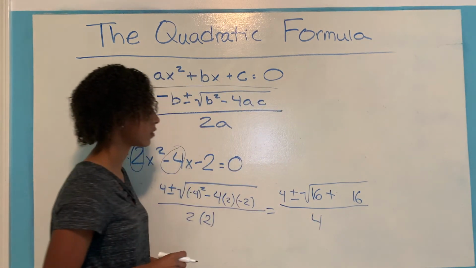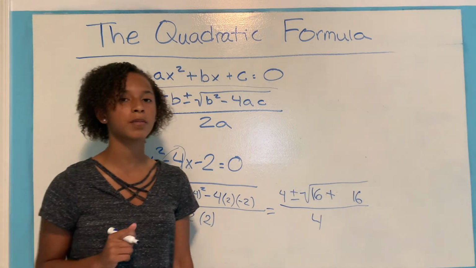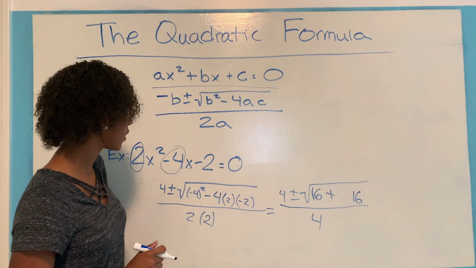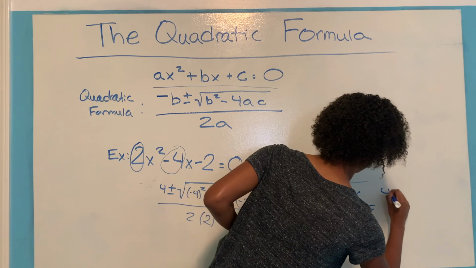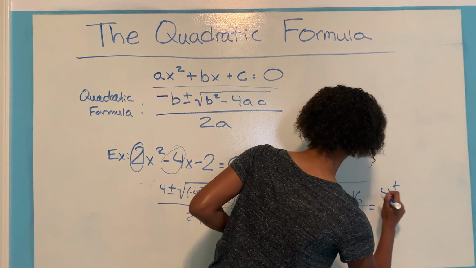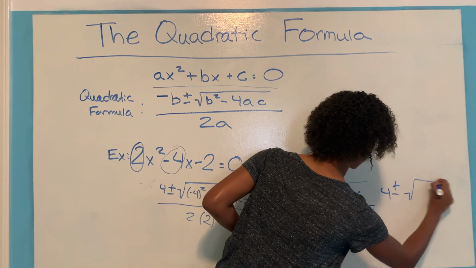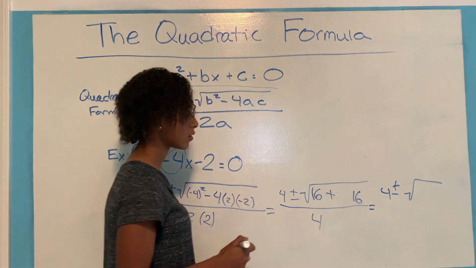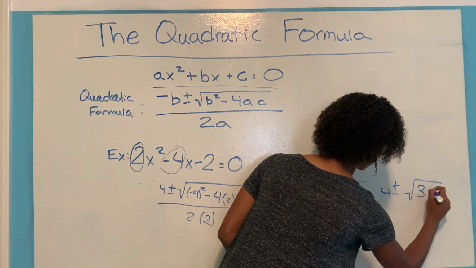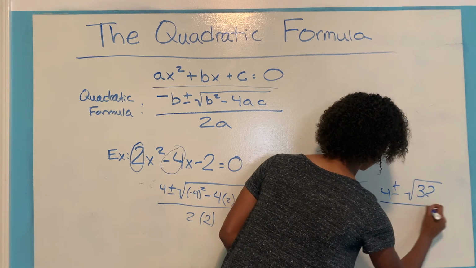Alright, so let's continue to simplify this problem so you can get it to a final total of 4 plus or minus root, and then you have, remember, 16 plus 16, which in this case is 32. Alright, and all of this is over 4.